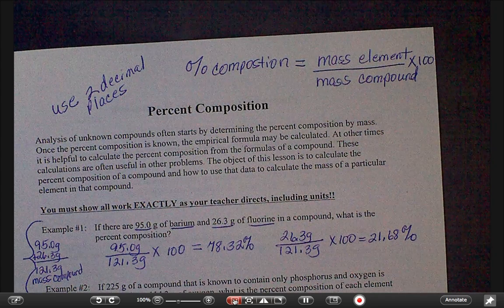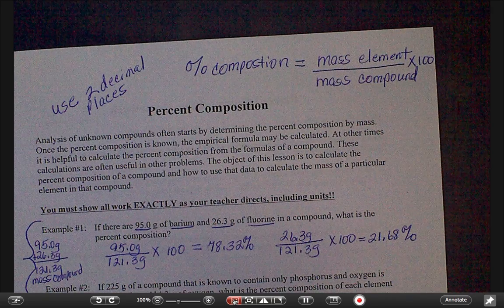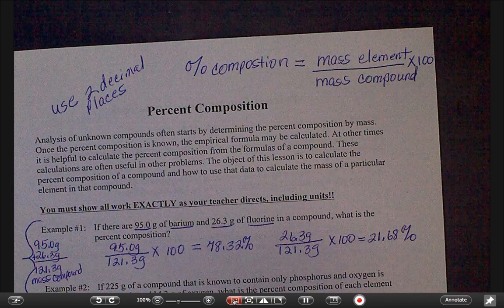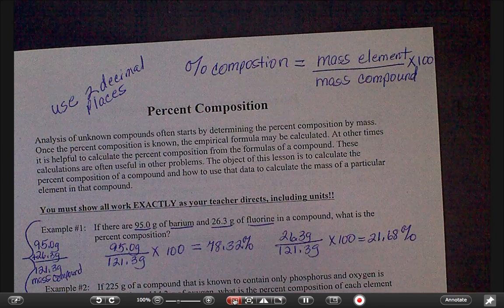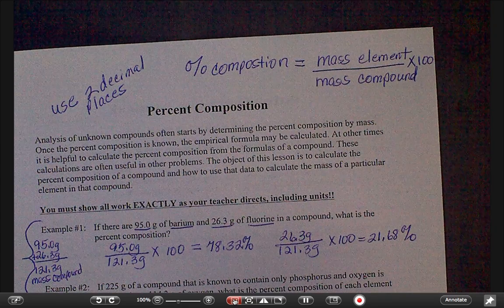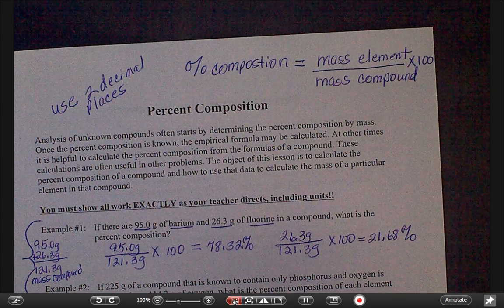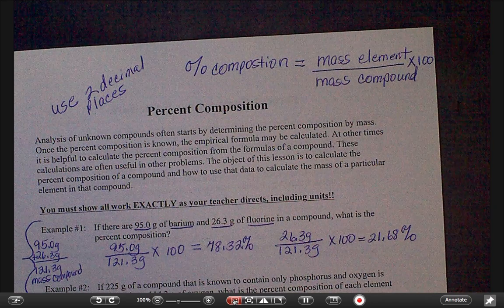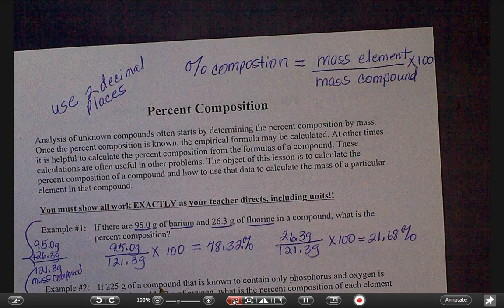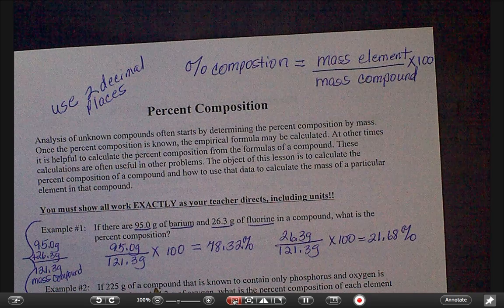Now can you see that the second example is going to function what? What do we have to do here? Let's read. They gave us the total mass. Does everybody agree in the first part, the first number?